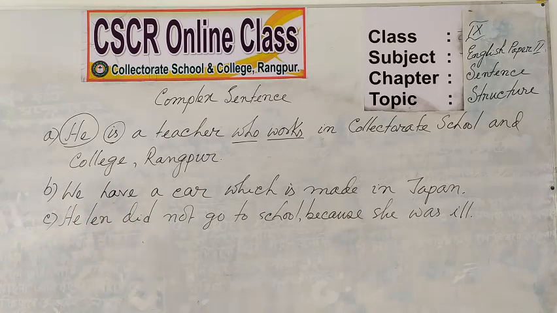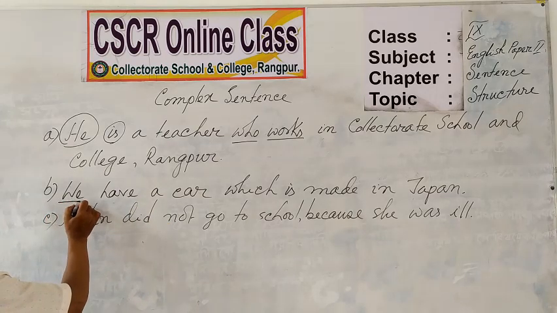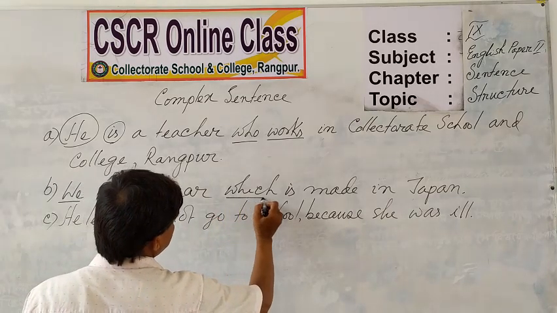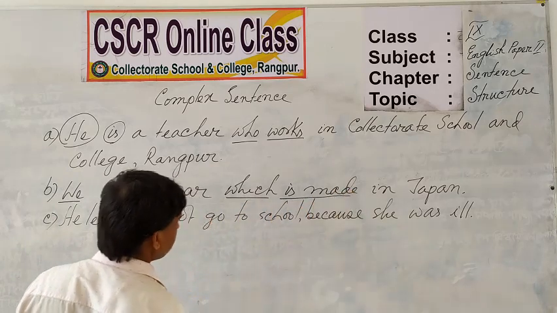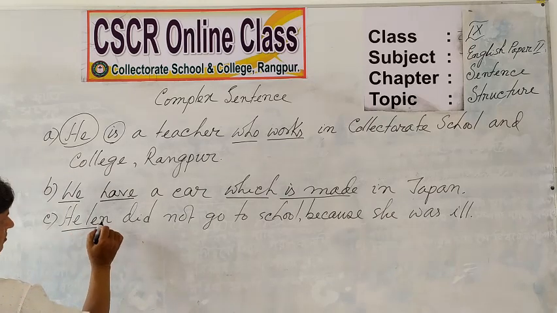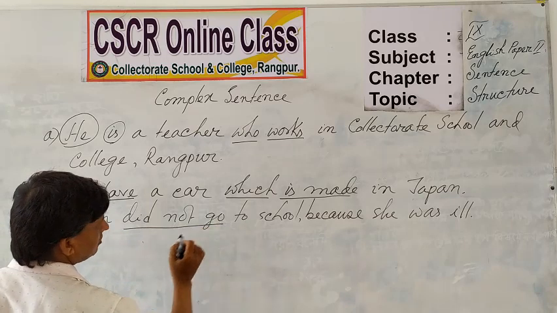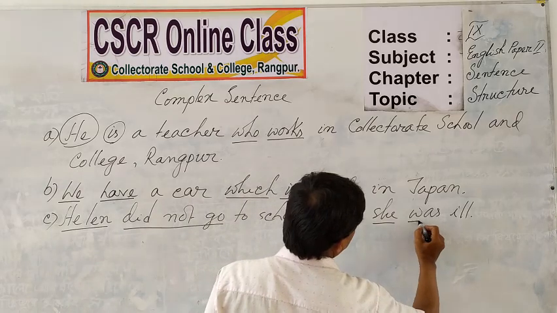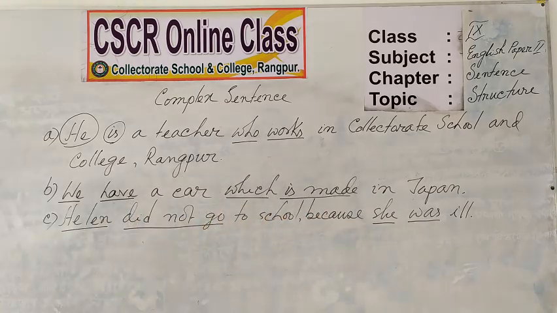In sentence B, first subject we and finite verb have. Again subject which with finite verb is made. Again in sentence C, first subject Helen with finite verb did not go. Second subject she with finite verb was. So dear students, you can find there are two subjects and two finite verbs.